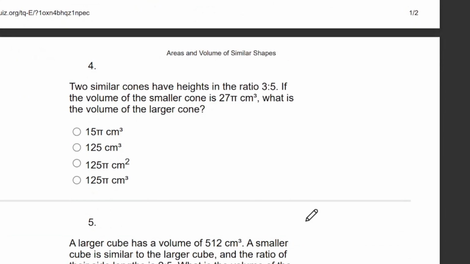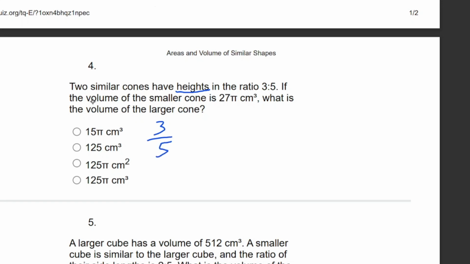Okay, question 4. Two similar cones have heights in the ratio 3 to 5. The volume of the smaller cone is 27 pi centimeters cubed. What's the volume of the larger cone? So this one is straightforward. The height is talking about the linear, so that will be 3 over 5.